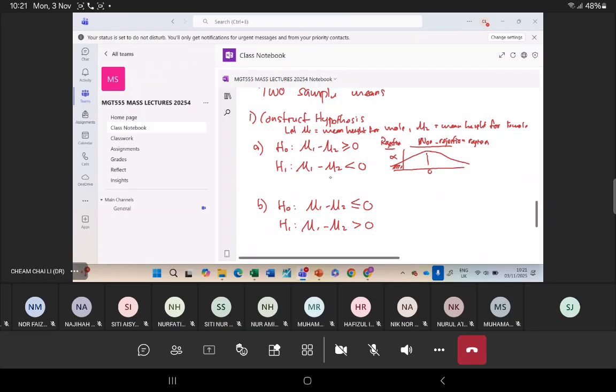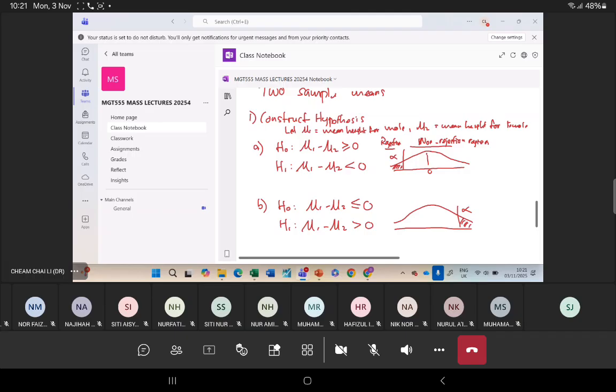Alternative hypothesis, you cannot have the equal sign, right? So untuk alternative hypothesis, you have greater than 0. That means you have one tail in the distribution, but this tail is on the right side. So this is your alpha and rejection region dekat sini. This is the non-rejection region, right?